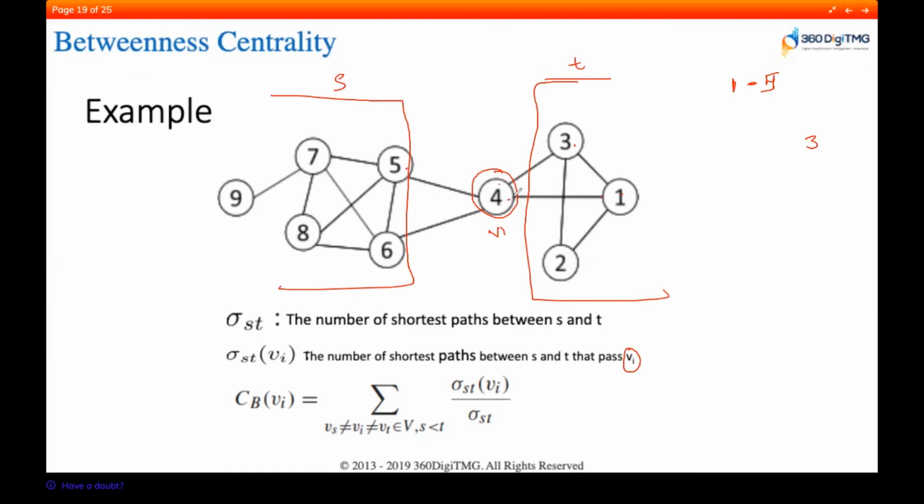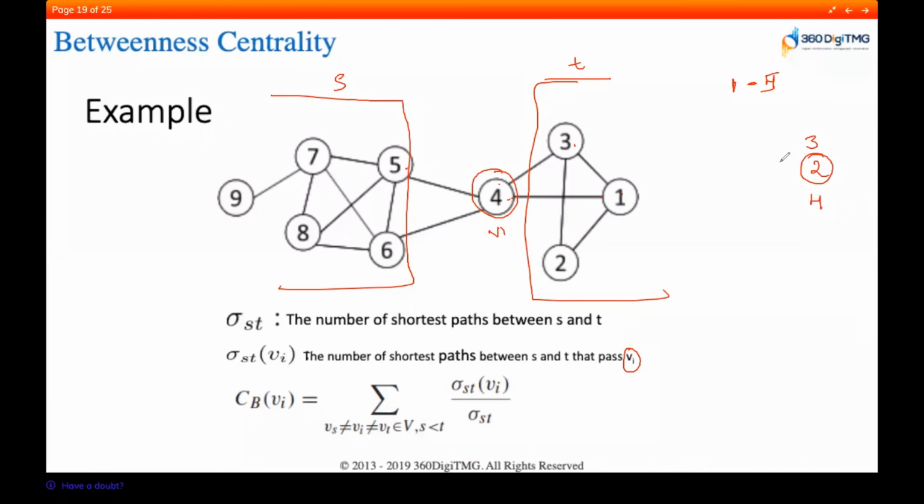So I'll go from 1 to 4, and from 4 to 5 there is one more distance, so we call it 2, right? So 2 could be the shortest distance, or you could calculate this one also: from 1 to 2 and 2 to 3, then 3 to 4, and then 5. It is going to be 4. So which is the shortest one here? 2 is the shortest distance between these 2 points.